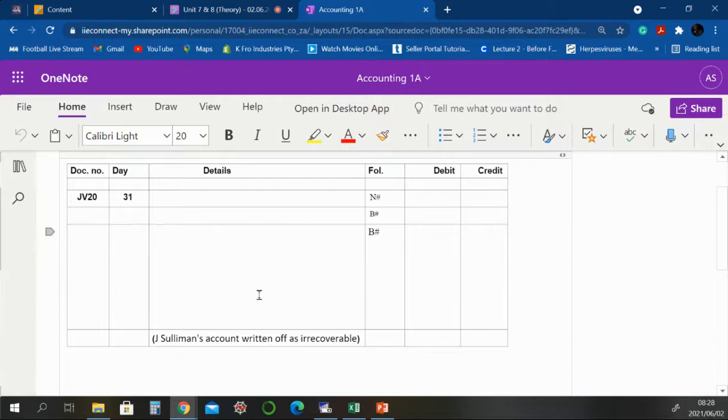There's a portion of whatever he owes us that hasn't been paid on time, so we're charging him interest. Then we see there that he has a receipt, RC441, so he's paying us some money, and his balance then becomes 18,511.29.